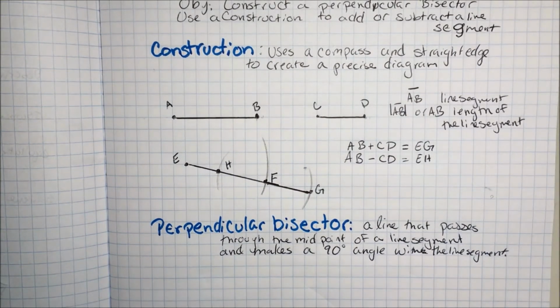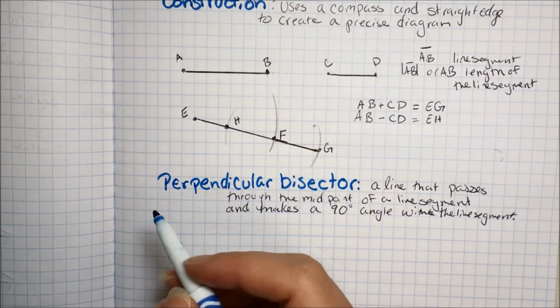A regular bisector is a line that only passes through the midpoint. It doesn't have to be 90 degrees.